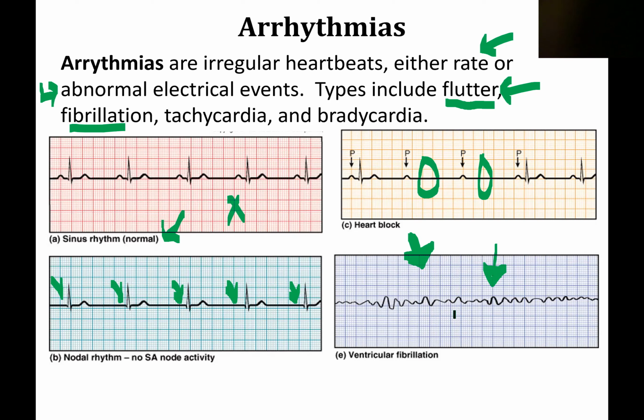They're not moving any blood. So this is life-threatening. And this is why they invented the defibrillator, which applies electrical stimulus to the heart from the outside. So arrhythmias, 2 of the kinds, have to do with the abnormal electrical events, flutters and fibrillation.